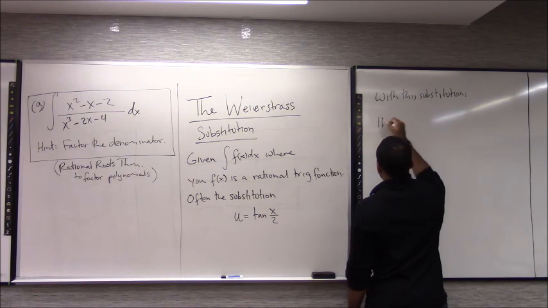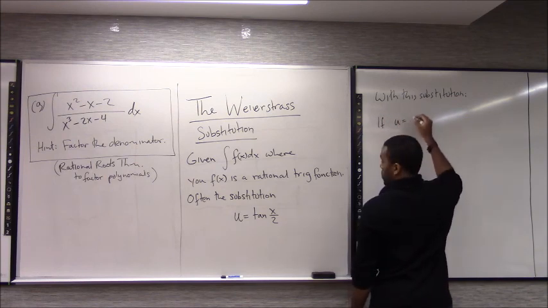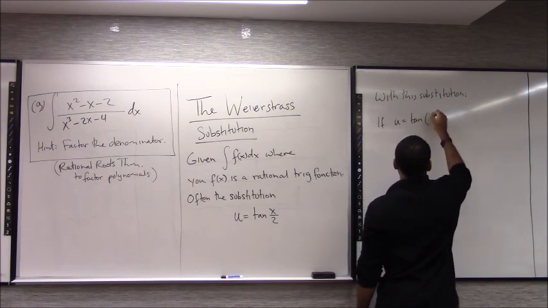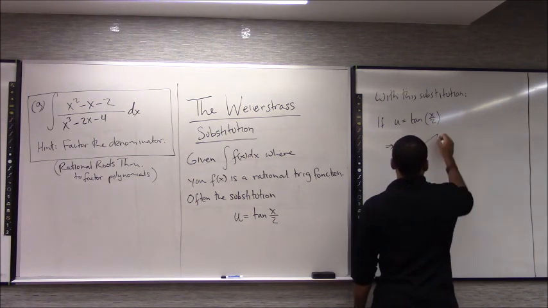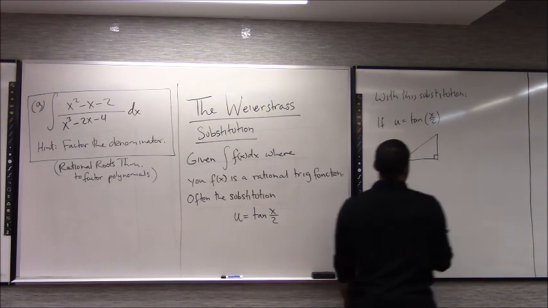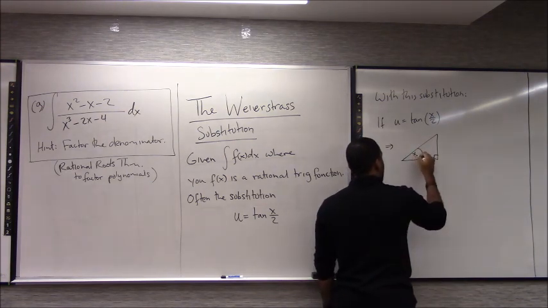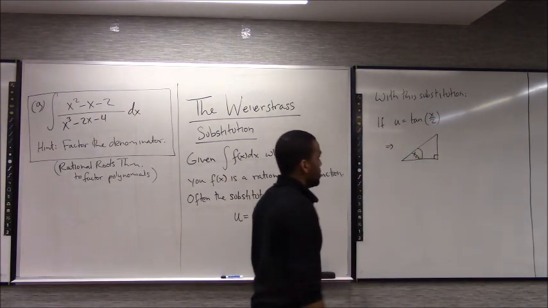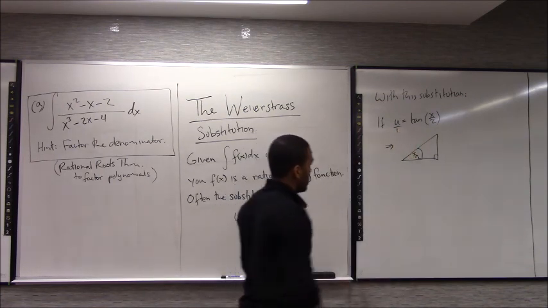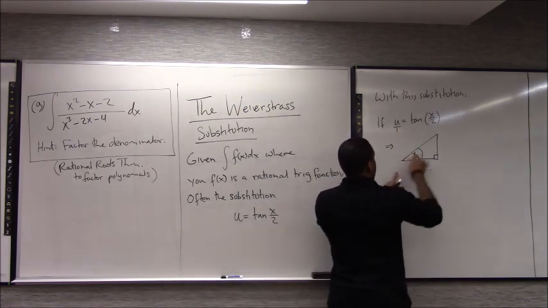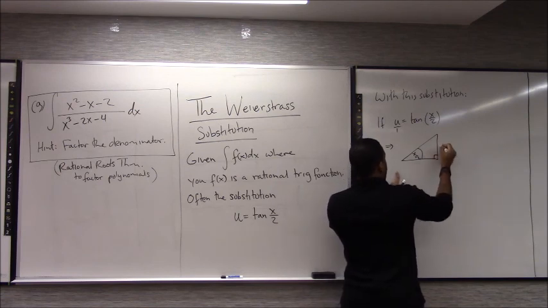Now if u equals tangent of x over 2, what that means is that you can imagine that there is some right triangle where the angle is x over 2. And tangent is opposite over adjacent. So that's going to be on this side, it's going to be the u.